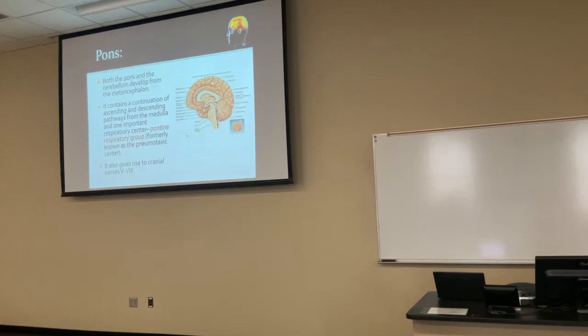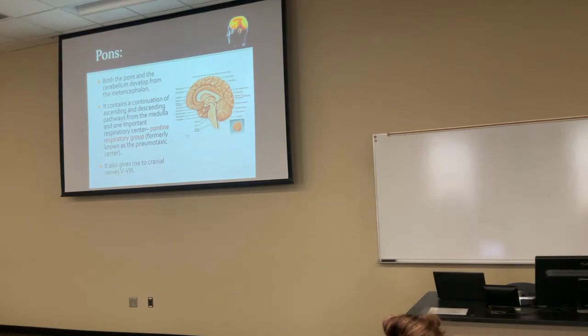So the pontine respiratory group can cut that burst of inspiratory signals shorter, which will speed up the respiratory rate, or it can prolong that burst of action potentials, which can slow down the respiratory rate. In addition, the pons also gives rise to some of the cranial nerves.